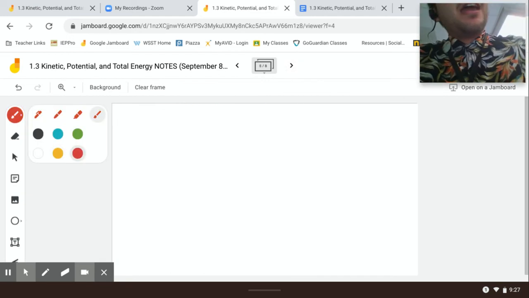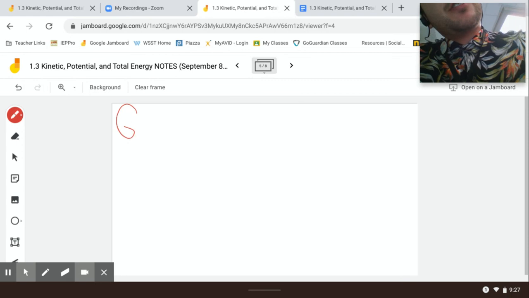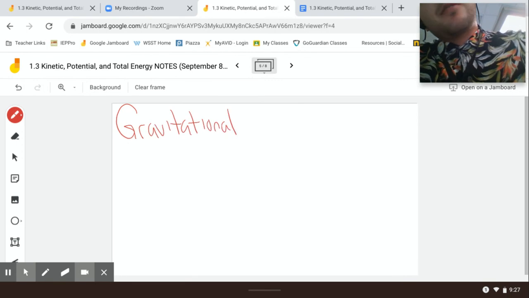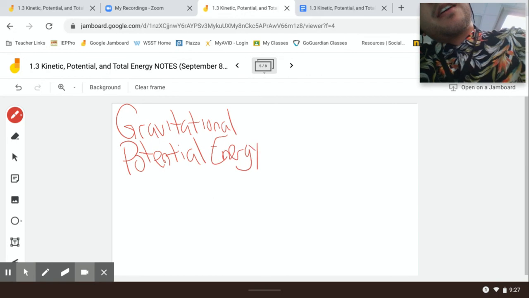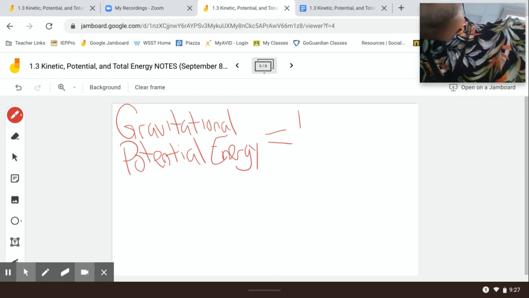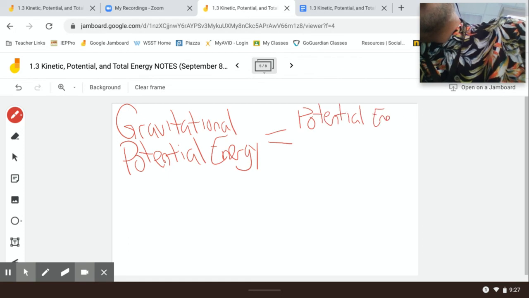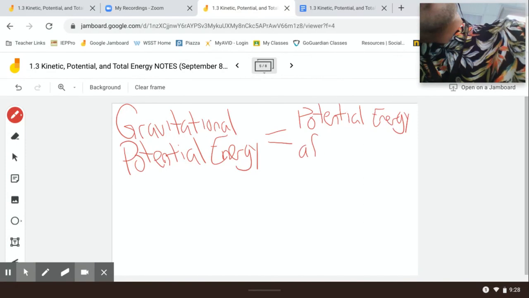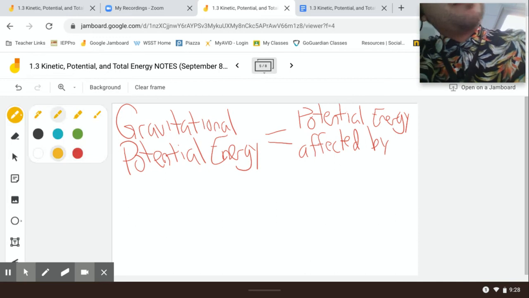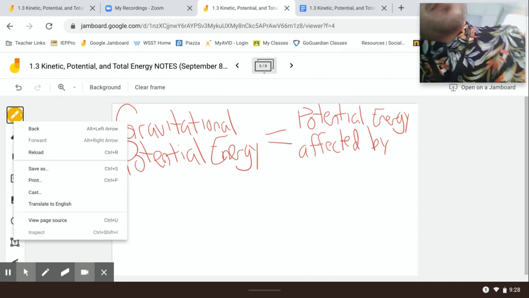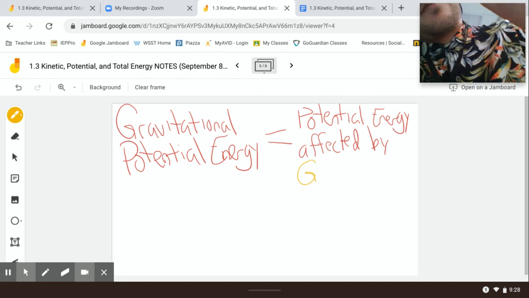There is a specific type of potential energy called gravitational potential energy. It's just potential energy affected by gravity.